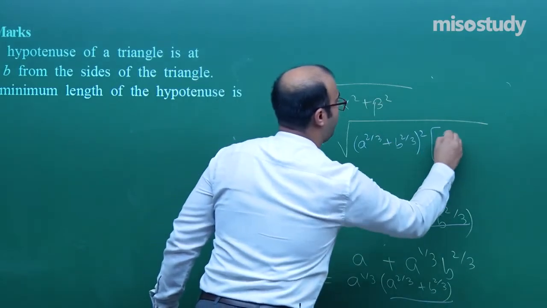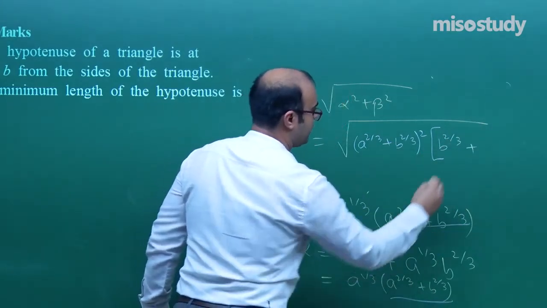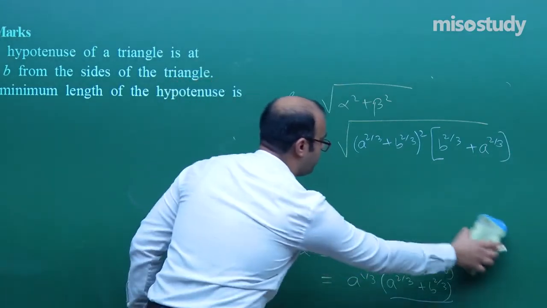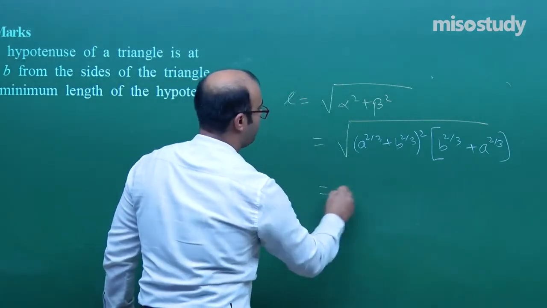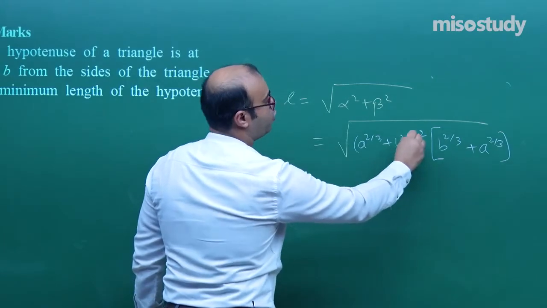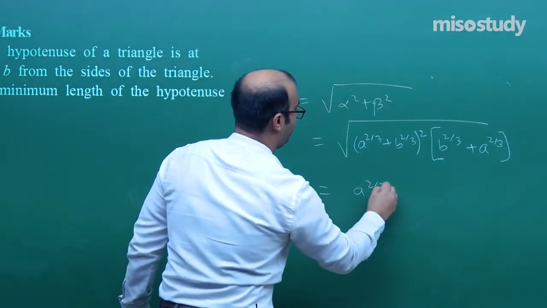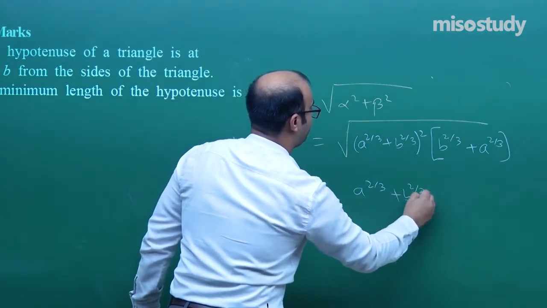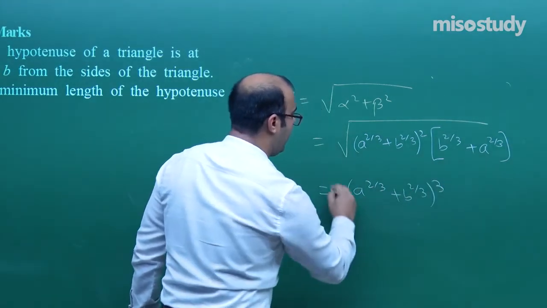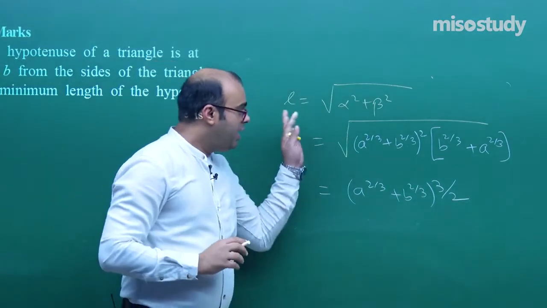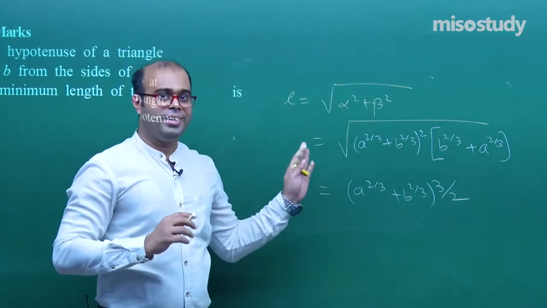Square of this is b to the power 2 by 3 and square of this is a to the power 2 by 3. So finally we find out that this is equal to (a to the power 2 by 3 plus b to the power 2 by 3) to the power 2, and here it is to the power 1. So can we say (a to the power 2 by 3 plus b to the power 2 by 3) to the power 3, and under root of that can be written like this. So this is the final length of the hypotenuse when it is minimum.